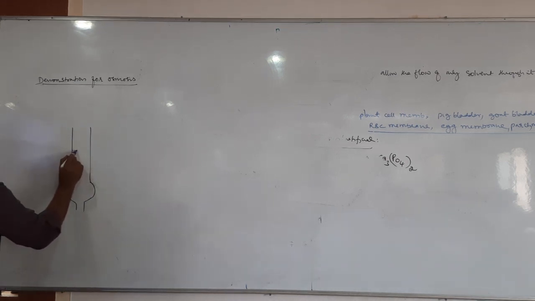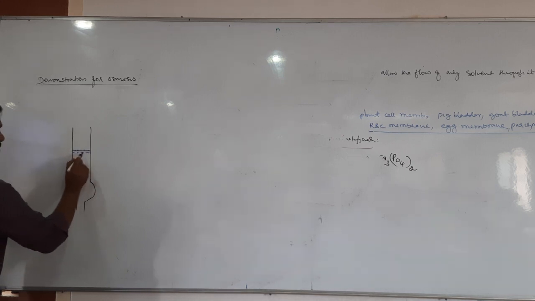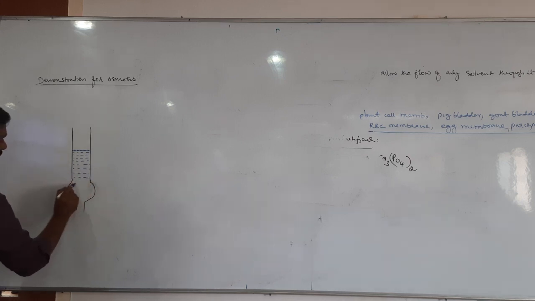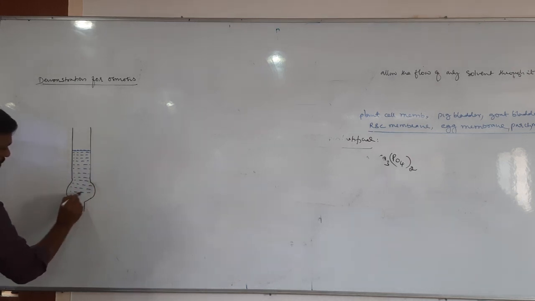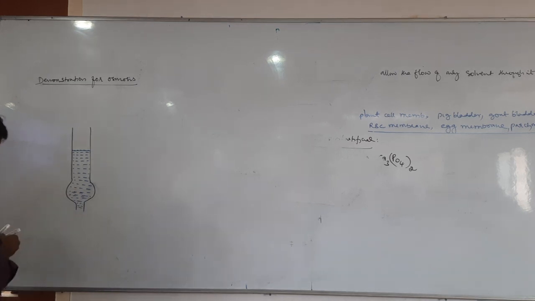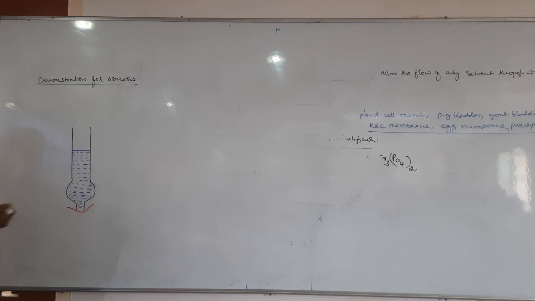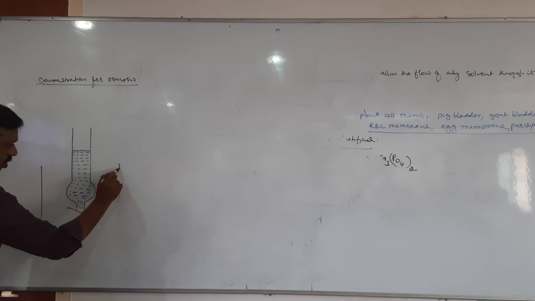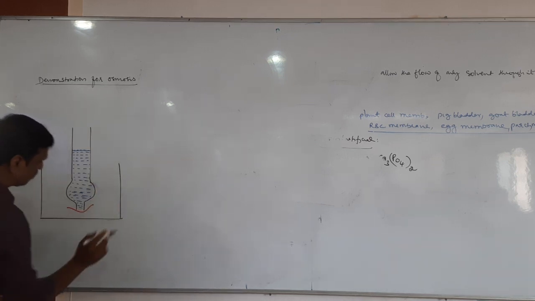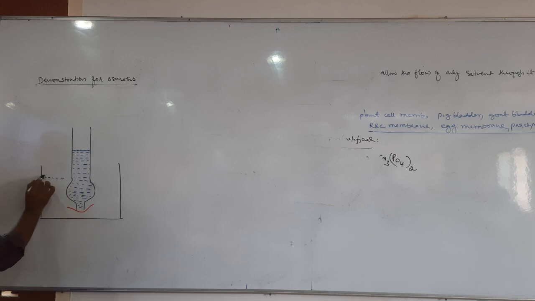Take the diagram. The mouth of the thistle funnel is tied with semi-permeable membrane, and this inverted thistle funnel is now placed in a beaker containing water. Outside is water.